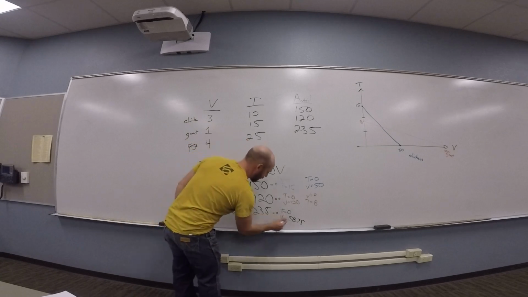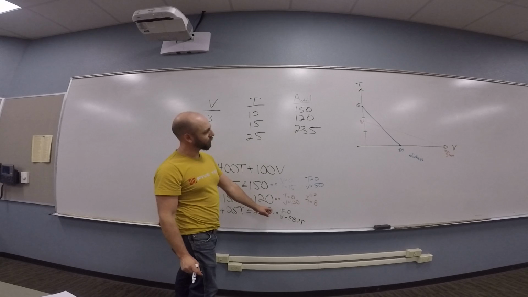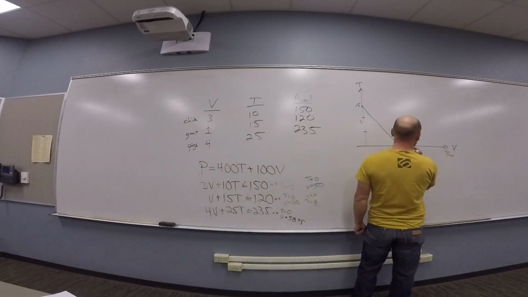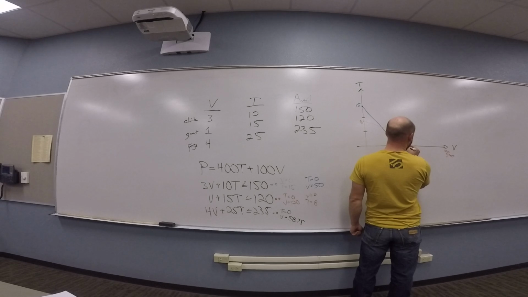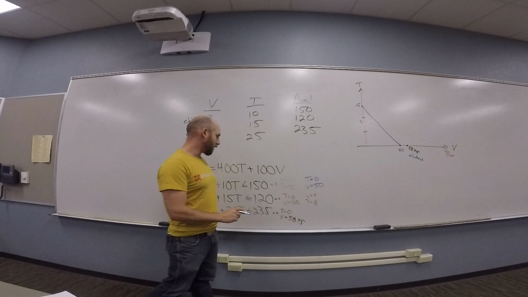It's actually exactly that. That's easy. So when T is 0, V is 58.75, which is someplace out here. I think right there, yeah. Good, that's fair.